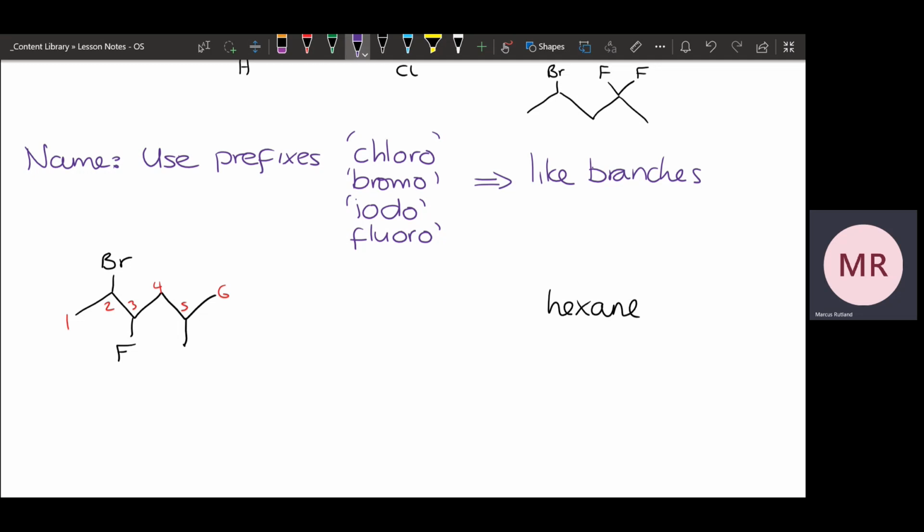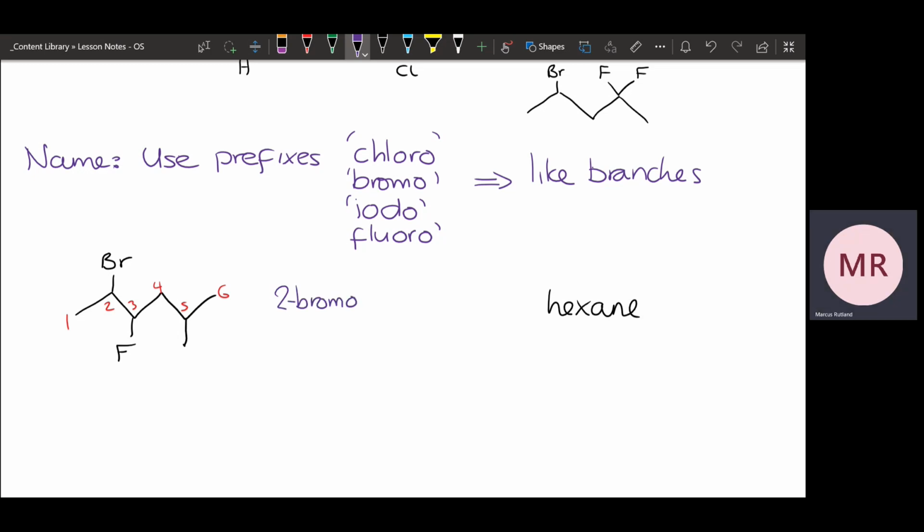So the usual rule applies that you put things alphabetically, not numerically. So the bromine will come first, then the fluorine. Well, actually, that is going to work out numerically anyway. So no matter, but it should be alphabetically.